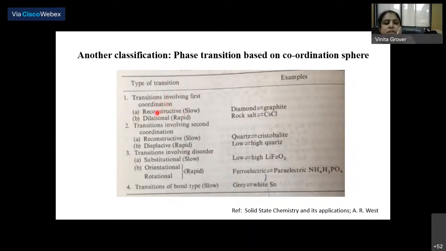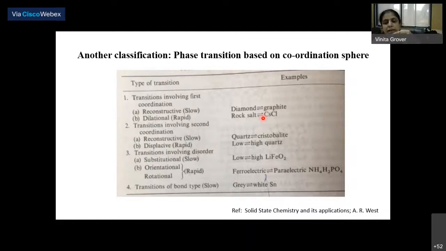For example, the transitions involving first coordination, remember that, can be reconstructive or dilational. Reconstructive, the example we know, is diamond and graphite, because when you have to convert from sp2 of graphite to sp3 of carbon, you're working in the first coordination only of the center carbon.